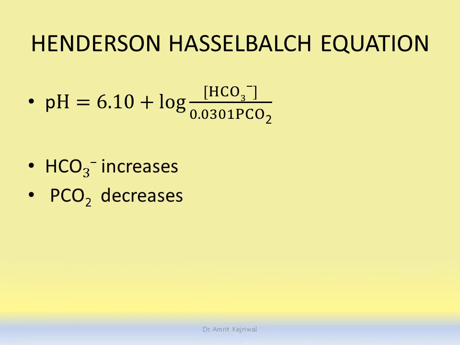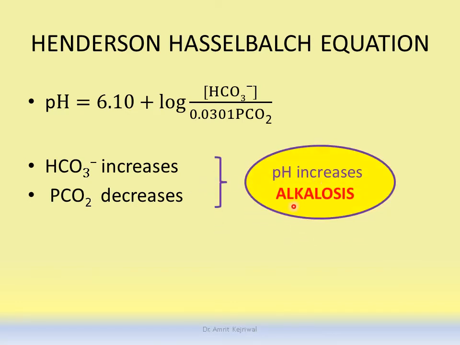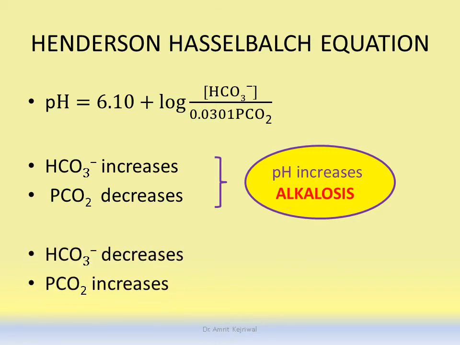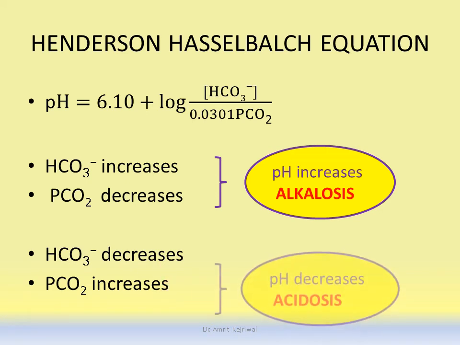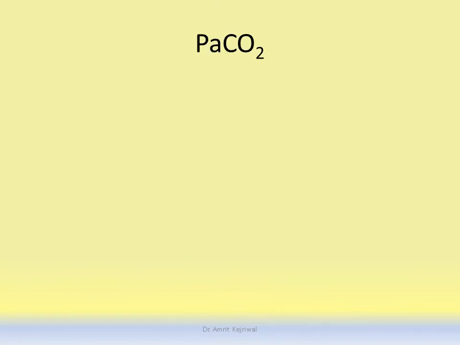So from this equation we can understand that whenever bicarb increases or the PCO2 decreases, the pH will increase and it represents alkalosis. And whenever the bicarb decreases or the PCO2 increases, the pH decreases, and this is called acidosis.